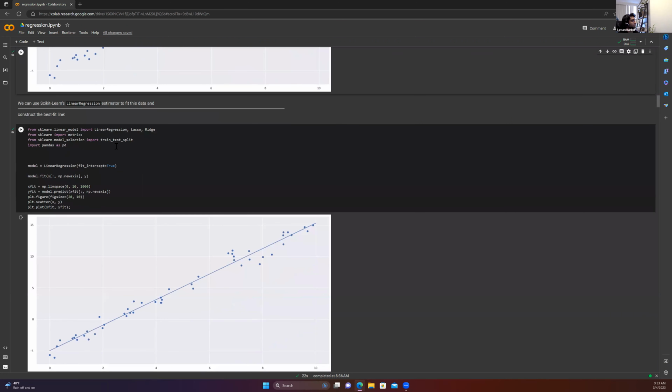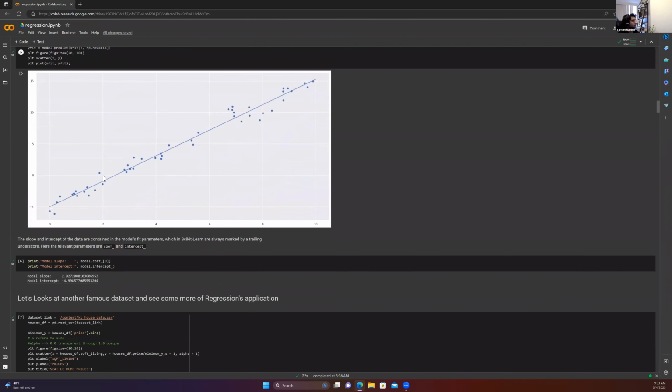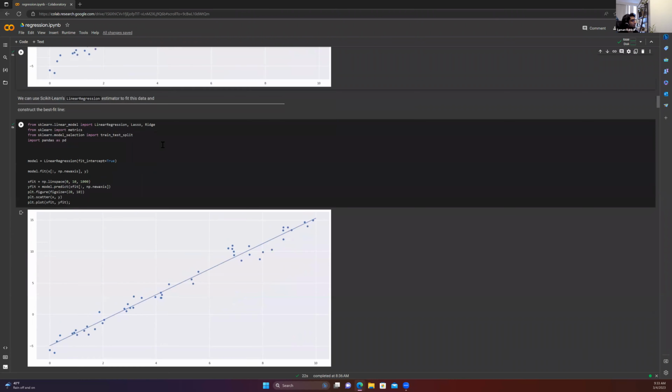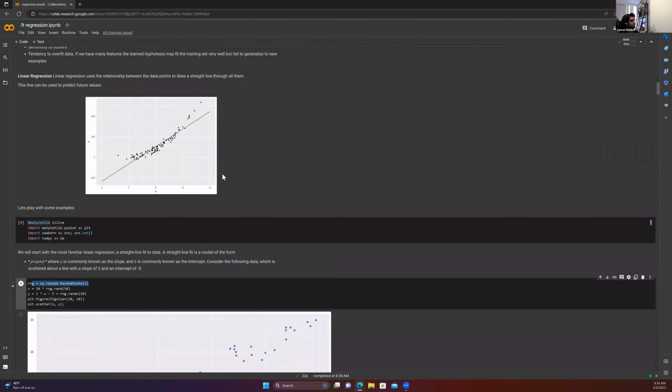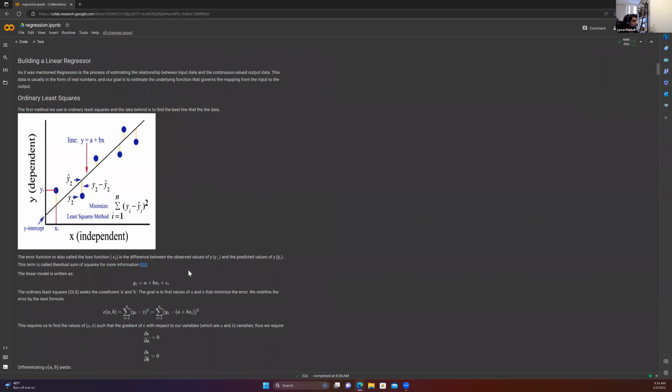Again, we use scikit-learn to do that. When I talk about linear regression, you've studied that in high school. It's basically represented by this: y equals a plus bx plus this error term, or a penalty term. I'll talk about this one shortly too.